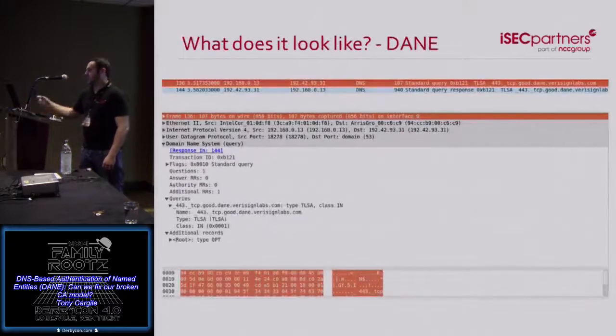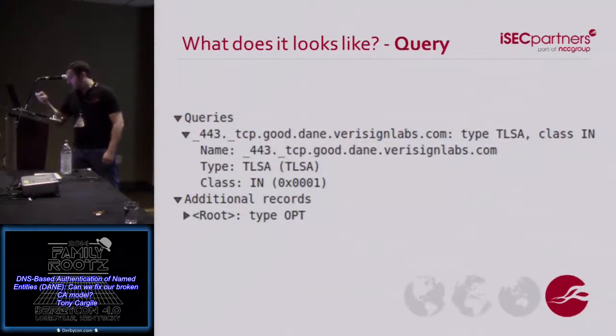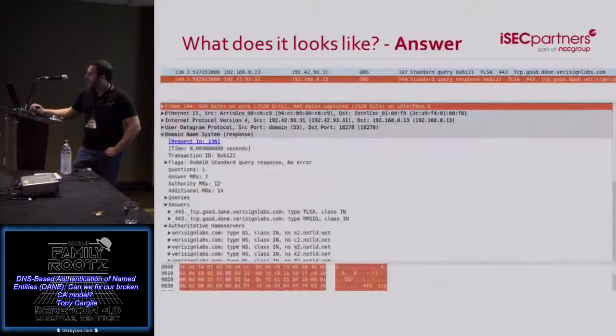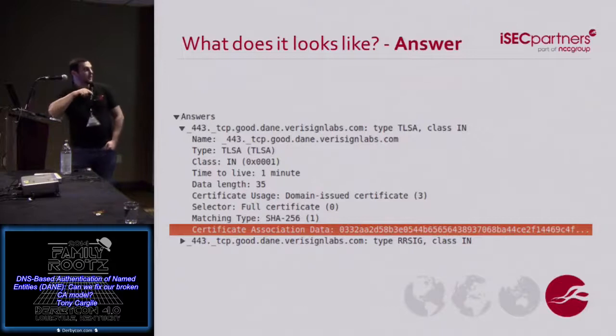So what does this actually look like? Again, this might be a little small, so I'll just jump right to the query. Like I said, if a browser wanted to go to https://google.dane.verisignlabs.com, it would simply send a request to _403._TCP, that domain, with a type of TLSA, and then what it gets back is the record.